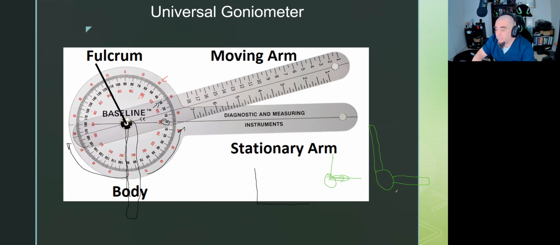What I'll find is, say you're measuring plantar flexion, and the foot comes down to here, and say the patient's got 45 degrees of plantar flexion. Some people will get, oh, that's 45 degrees. Other people will say, well, they've got 320 degrees of plantar flexion.